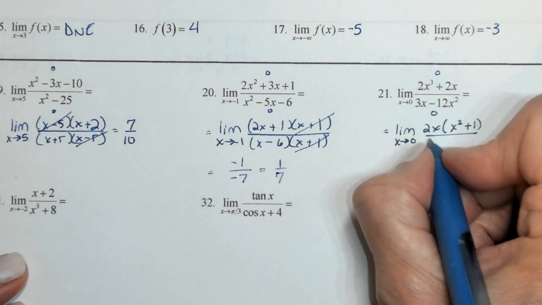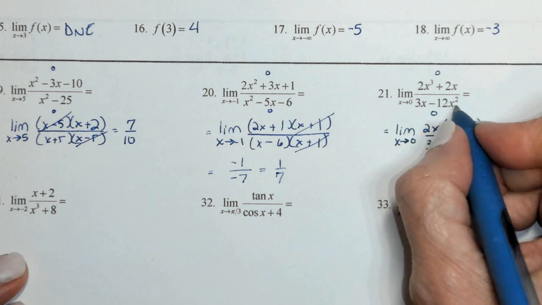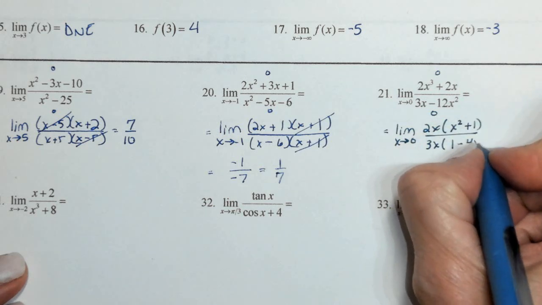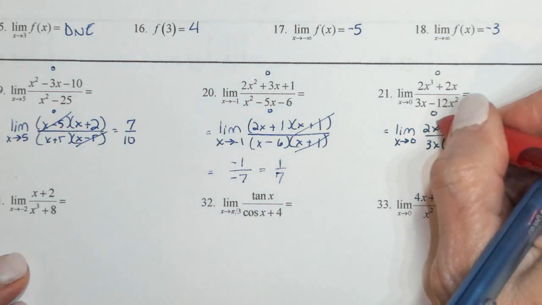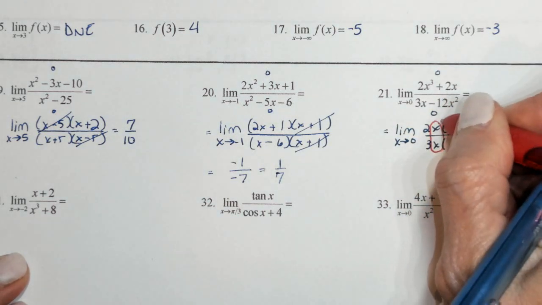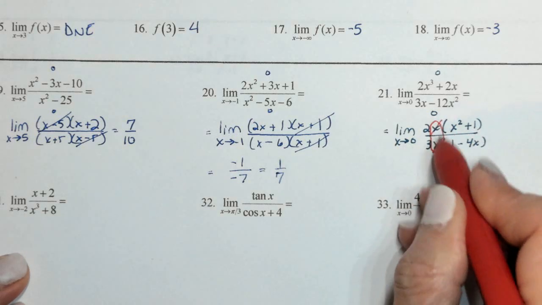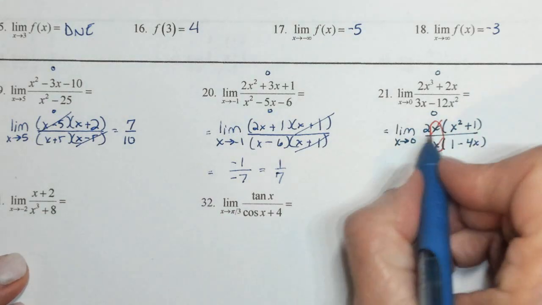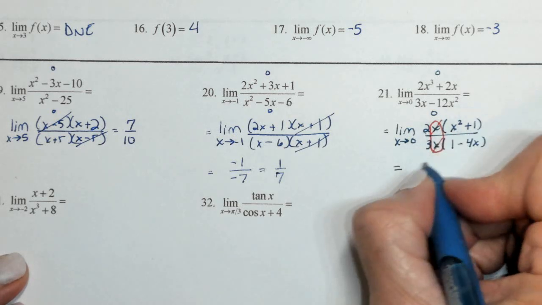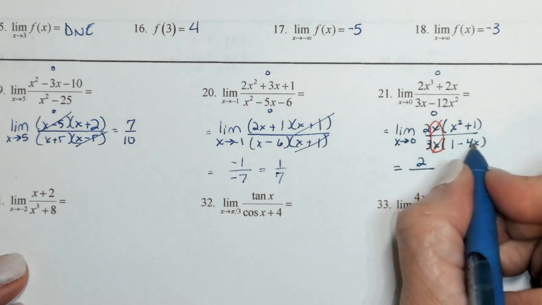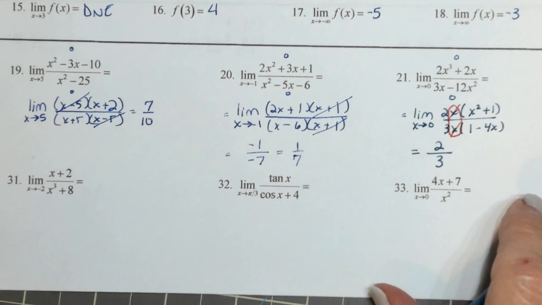Taking out a 3x, I'm left with 1 minus 4x. The x's reduce out because, once again, x is not equal to 0, so we can reduce those. I put 0 in for our remaining x's, and I have 2 times 1 divided by 3 times 1, so 2/3 is my answer there.